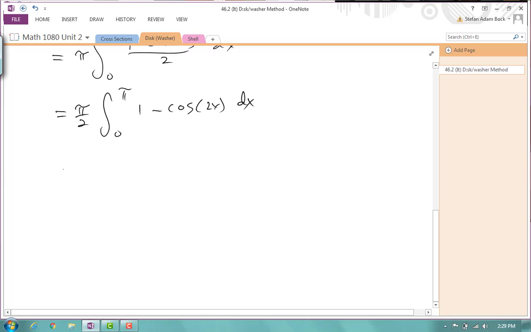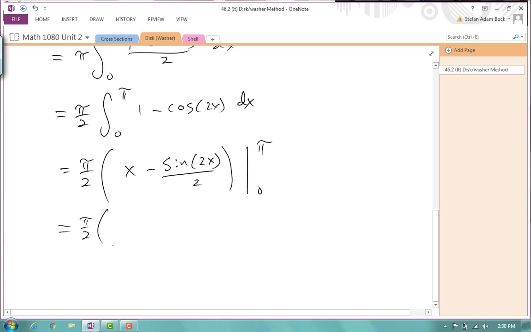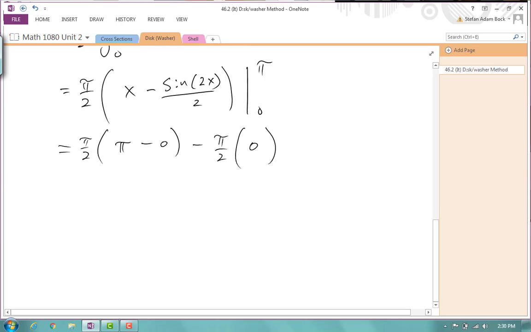If you allow me to skip the u substitution on that second part, I should end up with x minus sine of 2x over 2, evaluated from 0 to pi, which means I have pi here, minus sine of 2 pi is 0, and if I plug in 0 to these, I'm going to get 0 for both. So it looks like my volume is pi squared over 2.